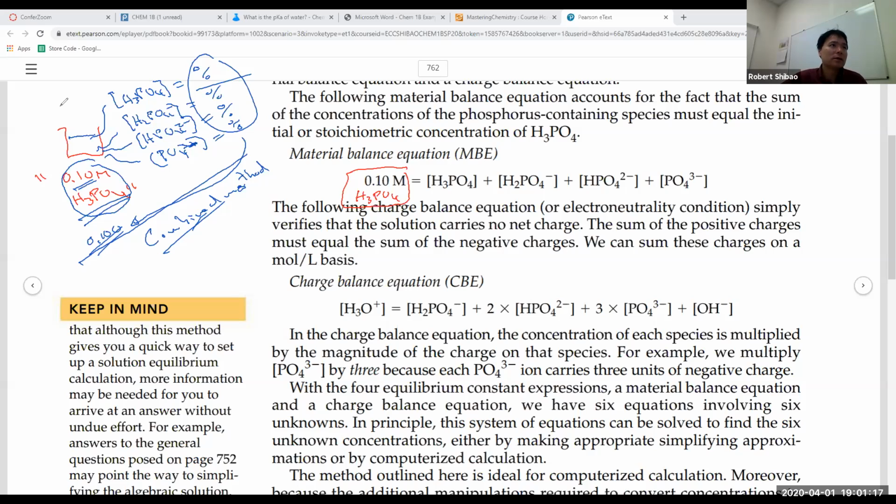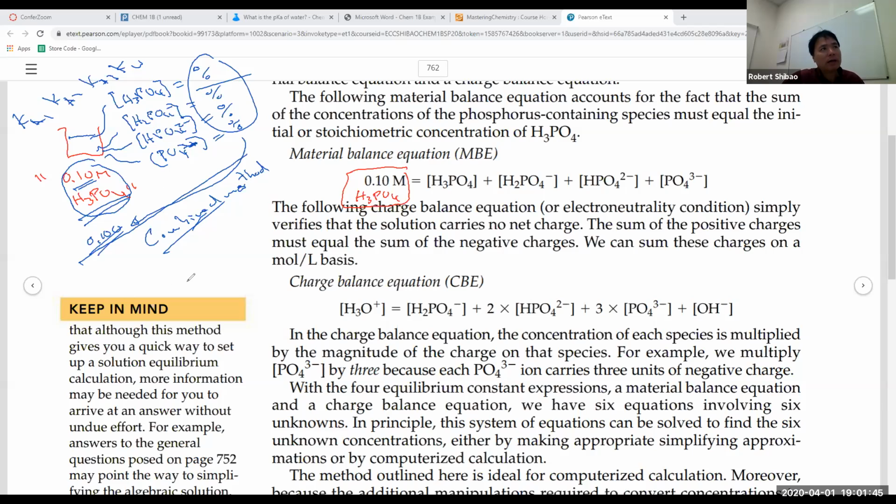That is, in order to figure out the speciation here, we had to do Ka1, Ka2, Ka3, and Kw. Kw is not going to give us the phosphorus, but Kw will give us the other species present, which is important because there's hydronium. In hydronium, we can't violate the law of mass action there too.